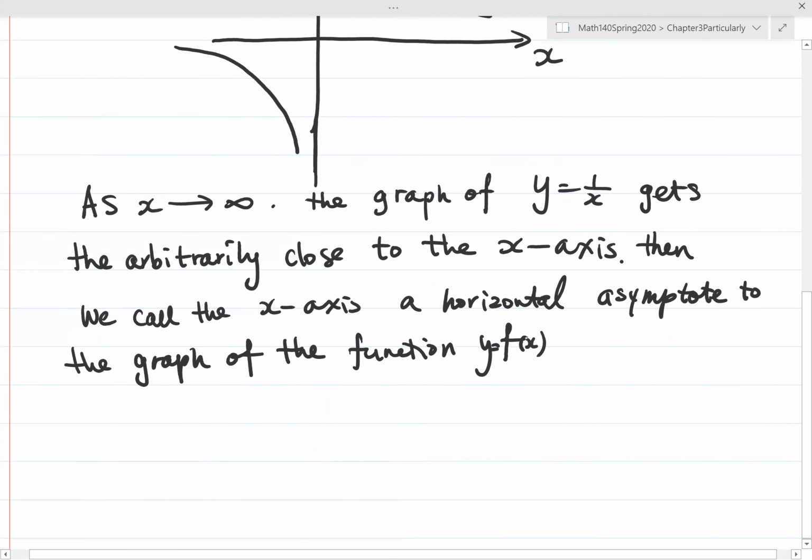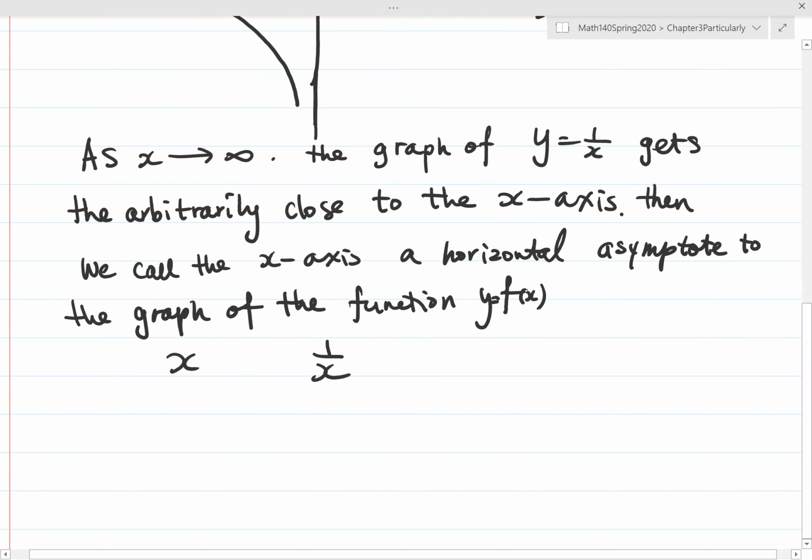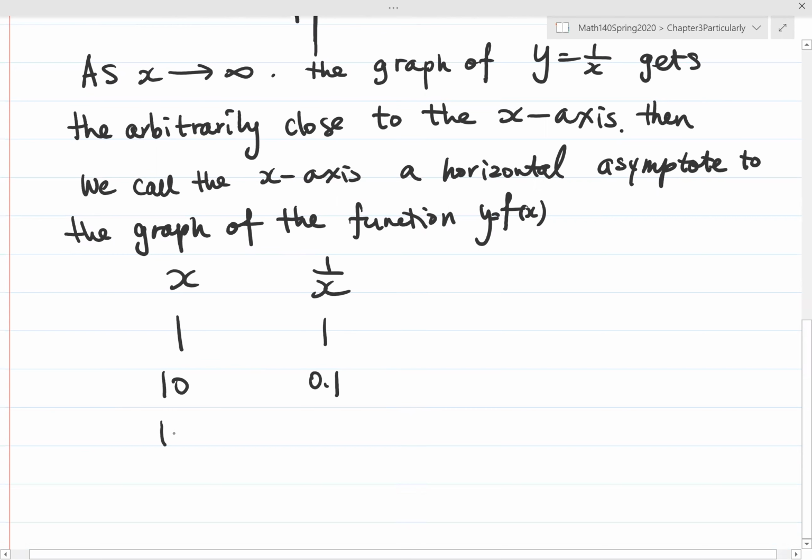Then you see, if we do the numerical values, this is the x, this is the 1 over x. If x is 1, then 1 over x is 1. If x is 10, 1 over x is 0.1. If x is 100, 1 over x is 0.01.